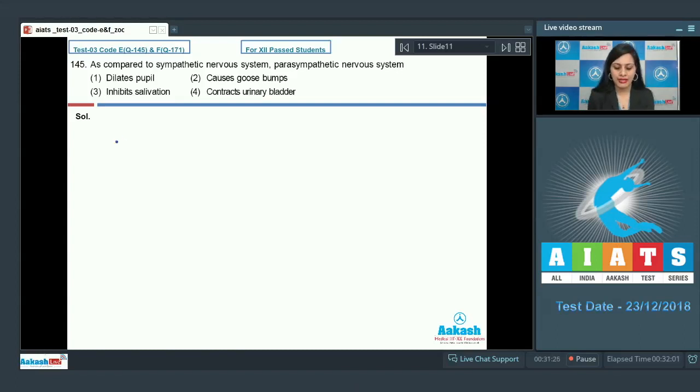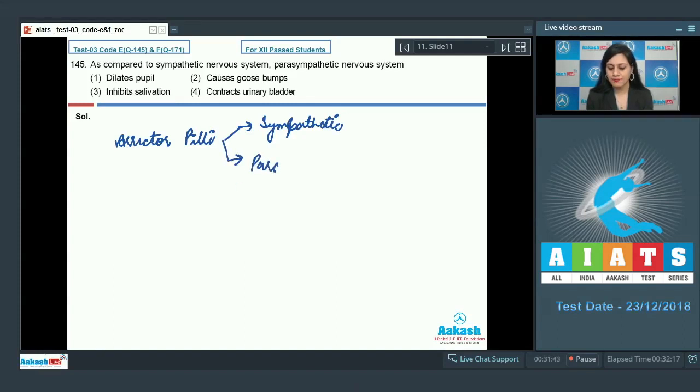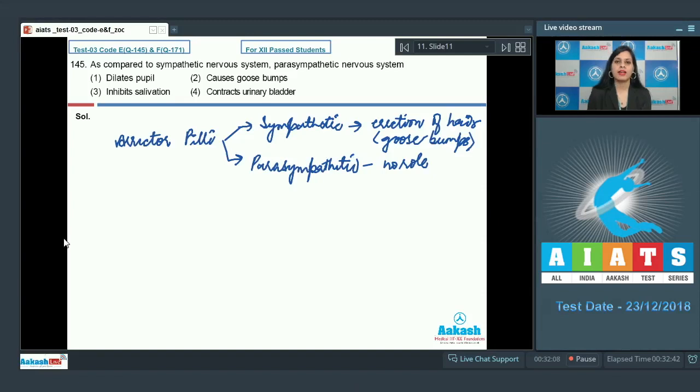Although there are some exceptions like erector pili, in which the sympathetic and parasympathetic nervous systems do not act antagonistically. The parasympathetic system has no role in it, where the sympathetic nervous system causes erection of hairs, also known as goosebumps. Now let's discuss the options.